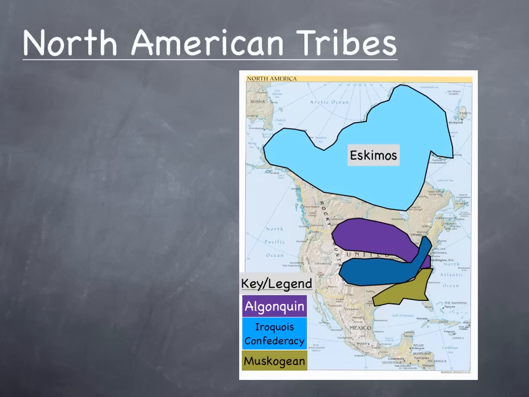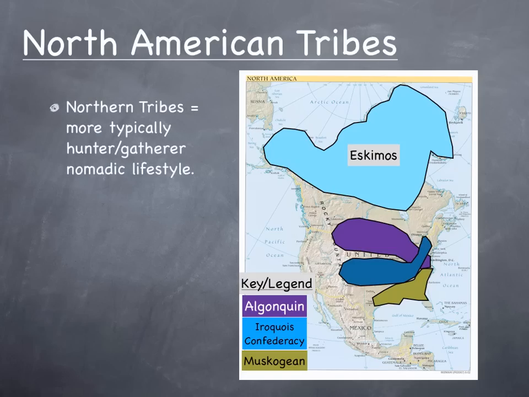You can consider that when we're talking about the North American tribes, they typically live a more hunter-gatherer nomadic lifestyle. So if you use that as your baseline to distinguish how they're living, if they're northern, they're hunter-gatherers.